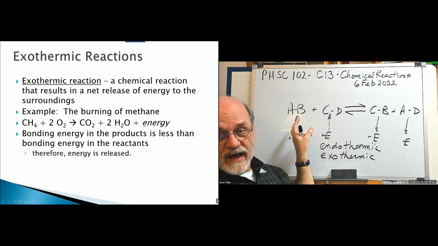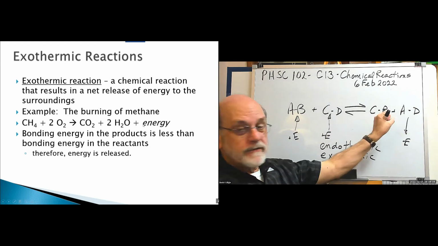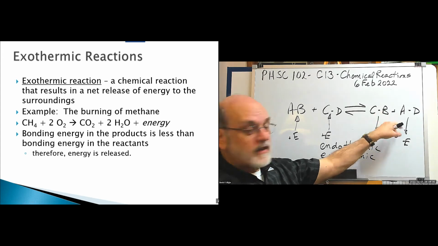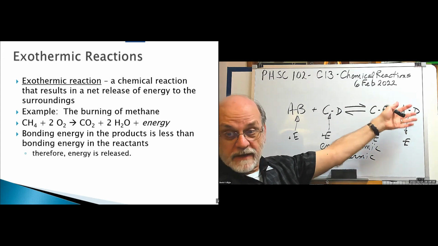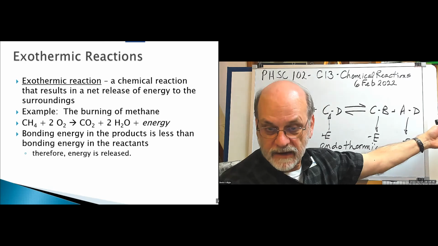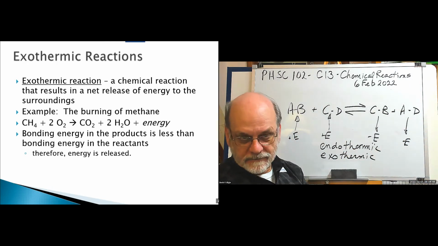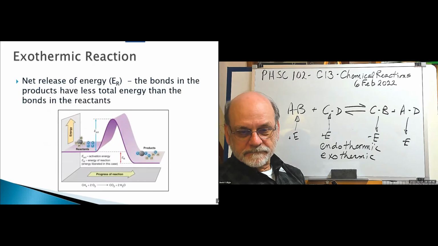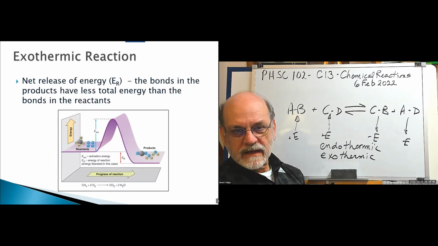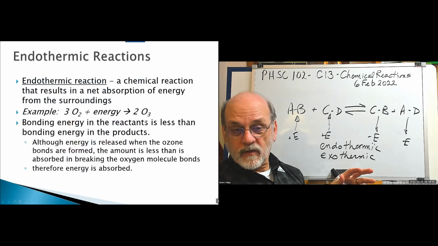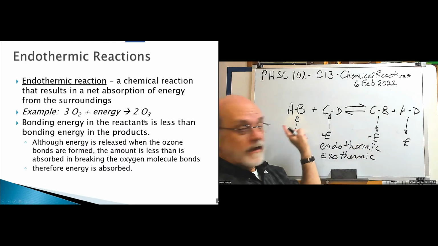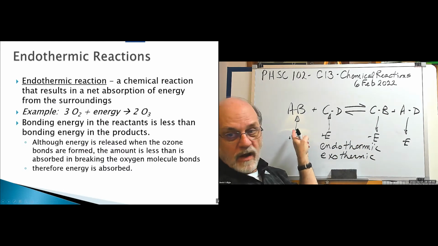Energy was stored in these bonds. We broke them and reformed, but we didn't put all the energy back. We got some left over. So it's on the product side. That's an exothermic reaction. Energy is released. Okay, let's see. An endothermic reaction, we put energy in on this side and we don't get all of it back.